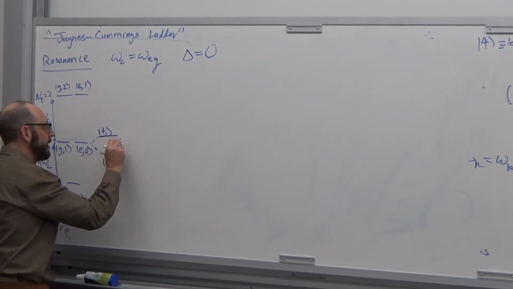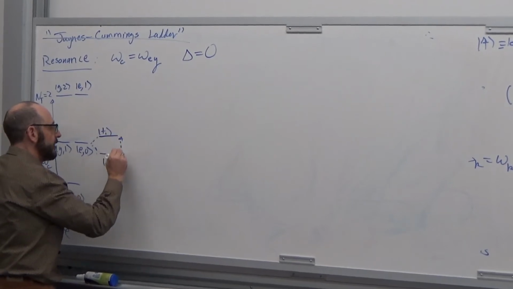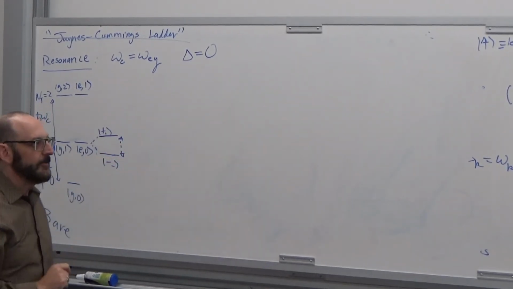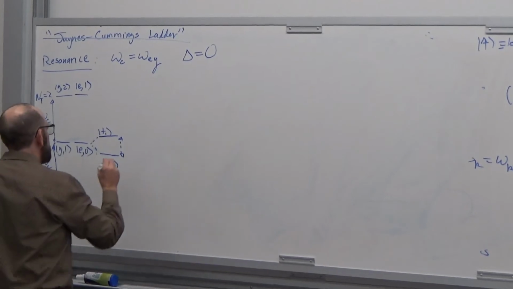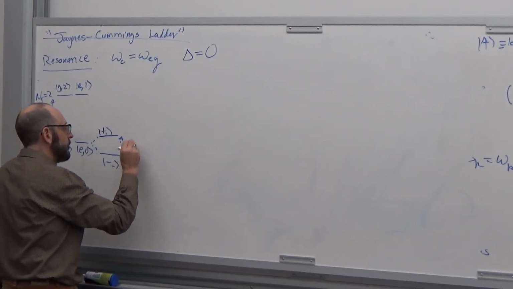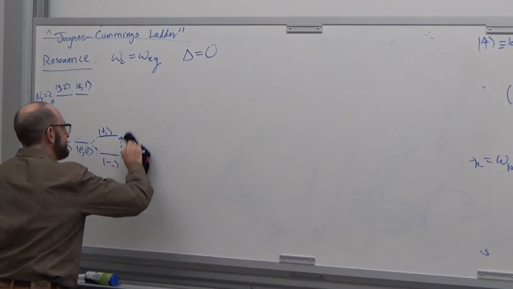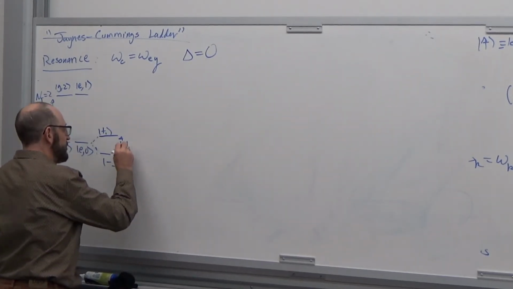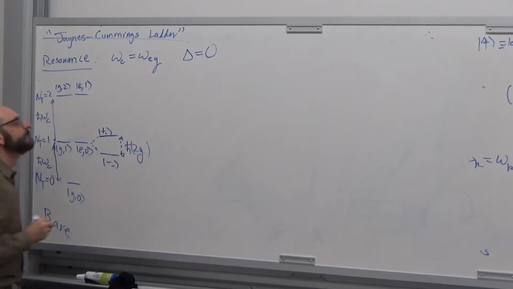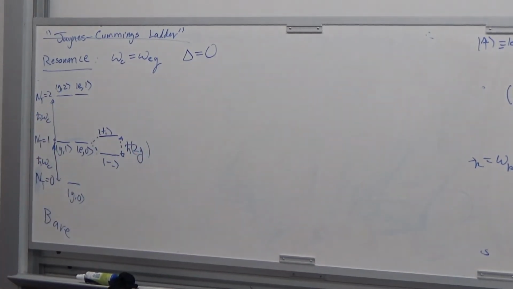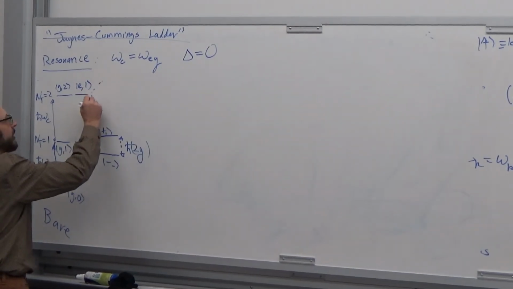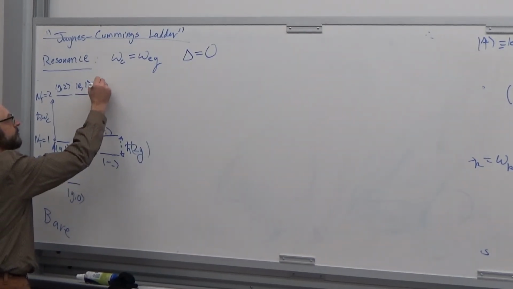And the splitting between these is equal to, in this case, h bar times 2g, right? Because 2g is the Rabi frequency when I have one excitation. What about these now? Well, they get split as well, but the splitting is bigger.